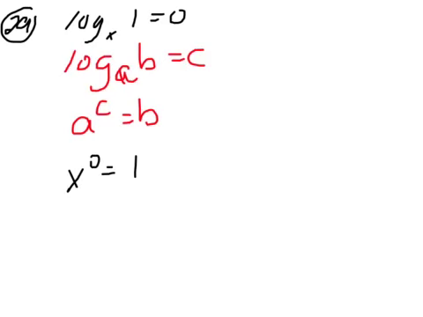Y'all remember that I told you that anything to the 0 power is 1? Well, that is true, except I don't want any negative things going on here, negative exponents. I don't want to put a 0 on the bottom or anything.